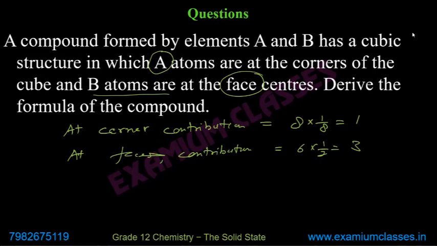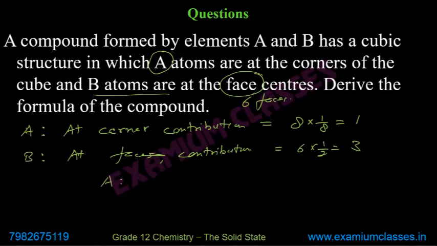So many correct answers. Shivangi, Preeta, correct. Shashwat, think again. Shivangi, yes. Tuhina, Ashi, Suhani, correct. So B are at only faces. So only faces, it means it will be 6 faces multiplied by half, 3. It means this is A, this is B at faces.